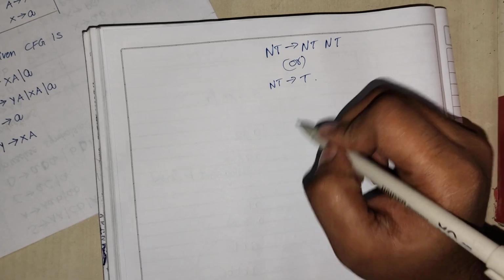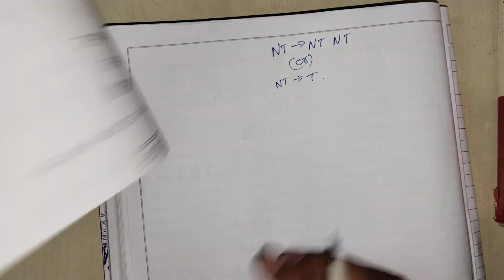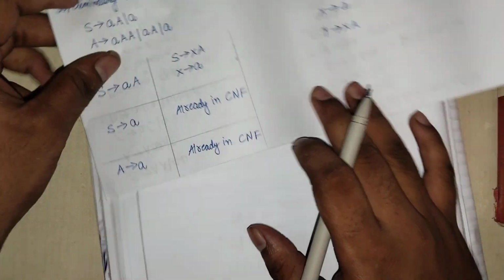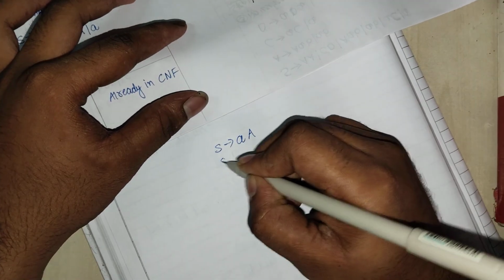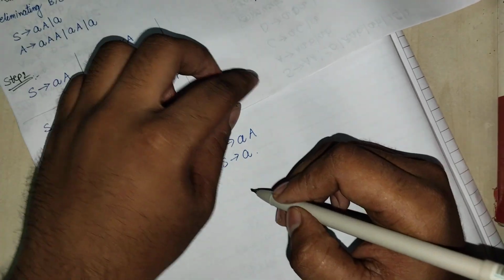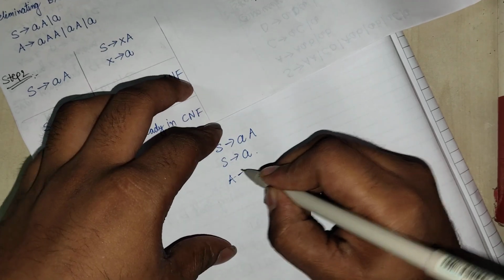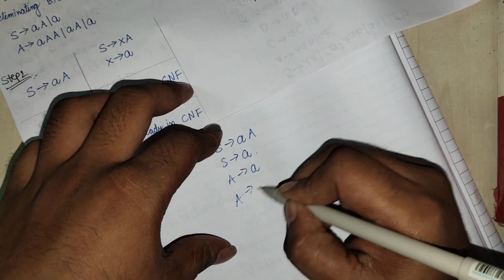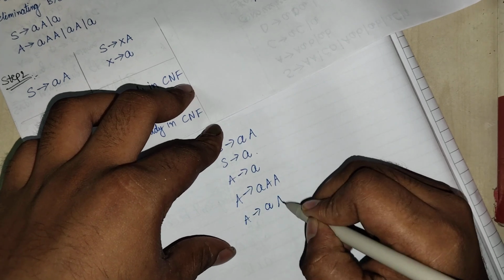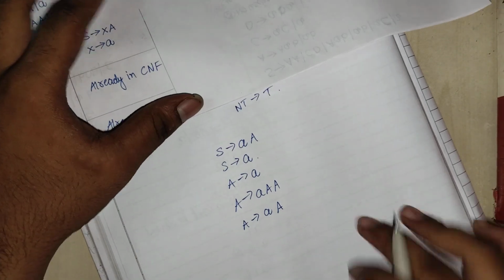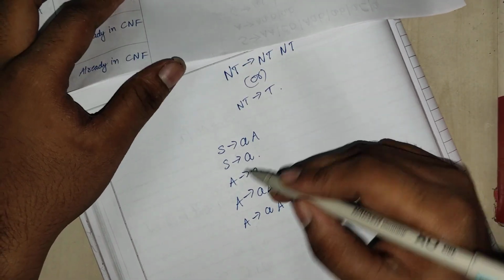We have to convert all the productions into any of these two forms. So let's write the productions first: S tends to A, capital A, S tends to a, A tends to a A, A tends to a, and A tends to a.